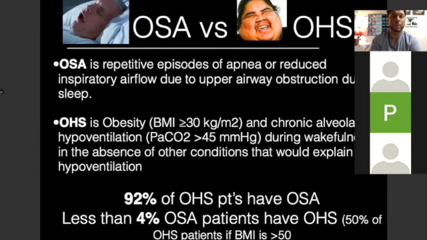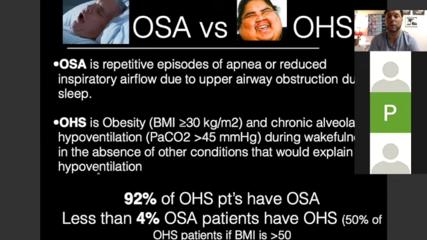So obstructive sleep apnea: repetitive episodes of apnea or reduced inspiratory airflow due to upper airway obstruction during sleep. So if you're watching someone sleep and they're snoring, probably a reduced flow during that snore, real loud snore. That's a hypopnea.